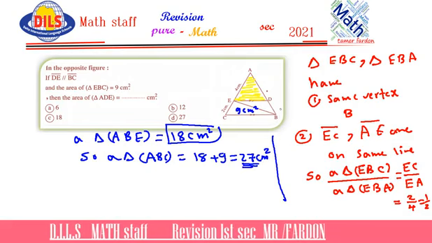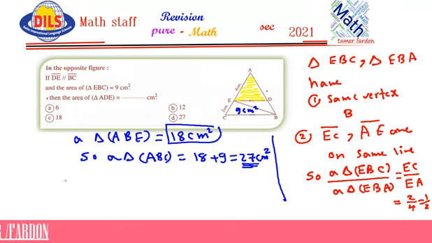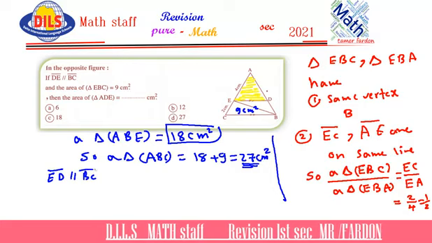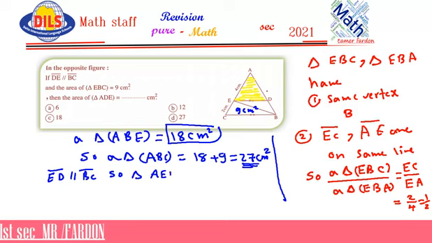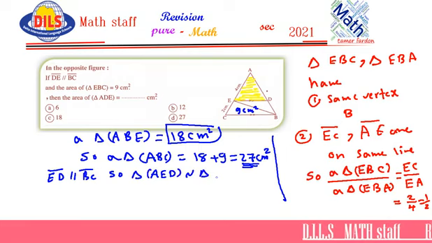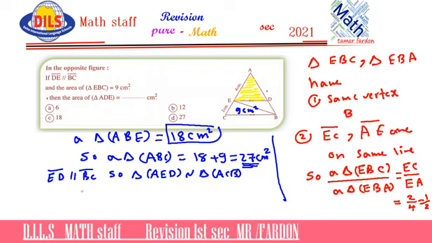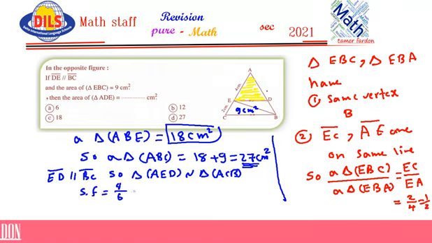From the area of triangle ABC, we can find the area of triangle AED because AD parallel to BC, so triangle AED is similar to triangle ACB, and the ratio of similarity, scale factor, equals 4/6, which equals 2/3.